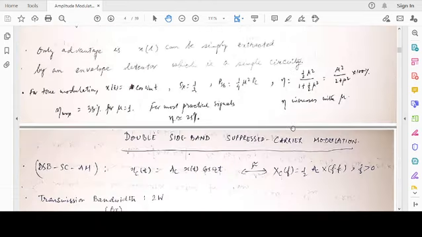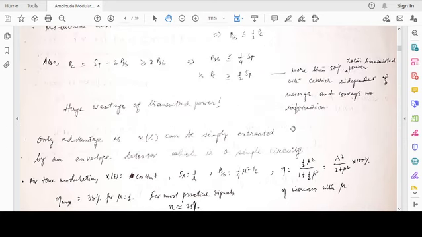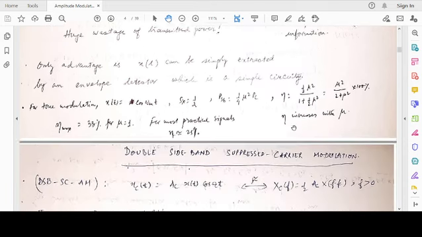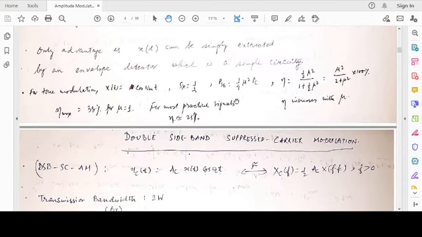We then move towards something known as double sideband suppressed carrier, the next development in linear modulation schemes, known as DSB-SC. We'll discuss it in the next lecture.